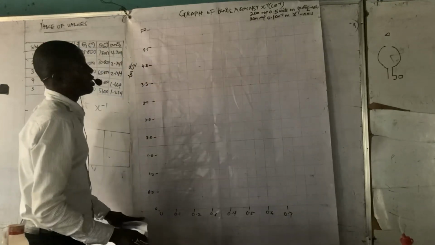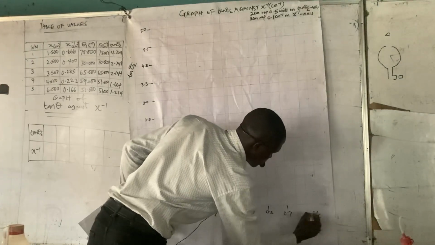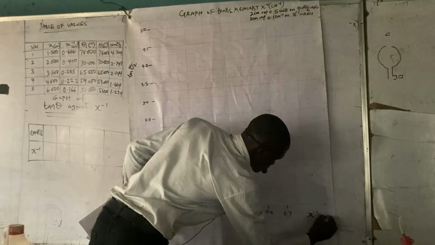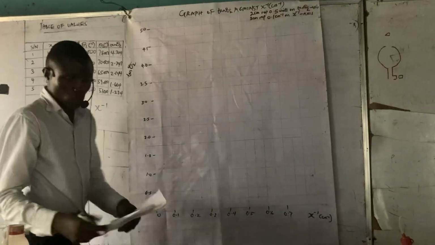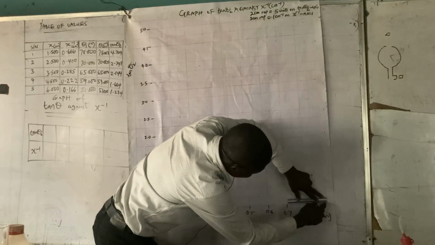So we can easily stop there. And this is x inverse. So that's that. Now, don't mind my ruler, let's use this one for now.